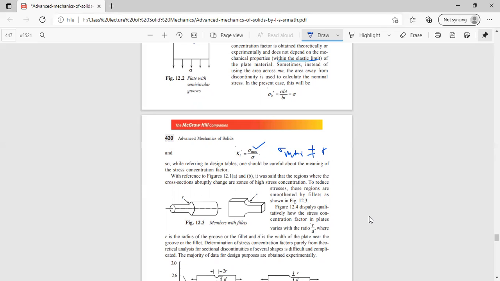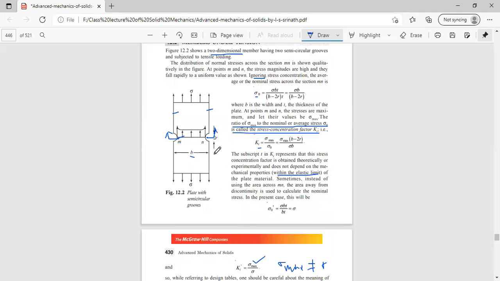Now, let us consider another two figures, A and B. Regions where the cross section abruptly changes are zones of high stress concentration.